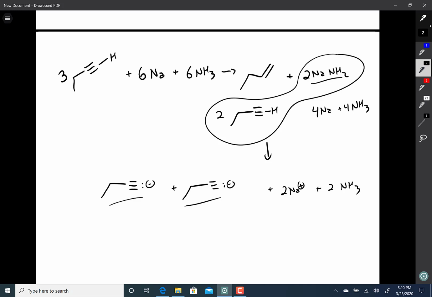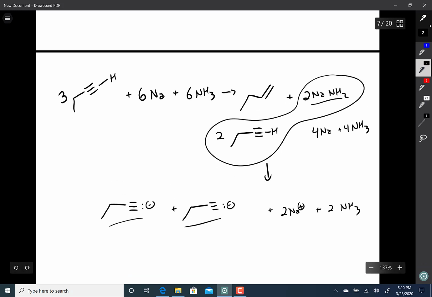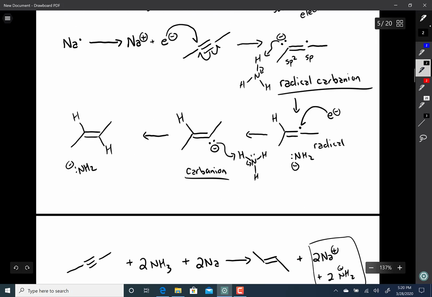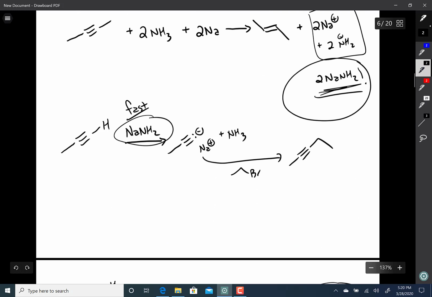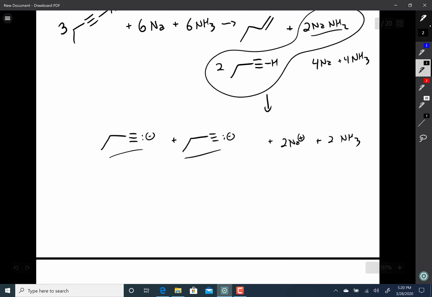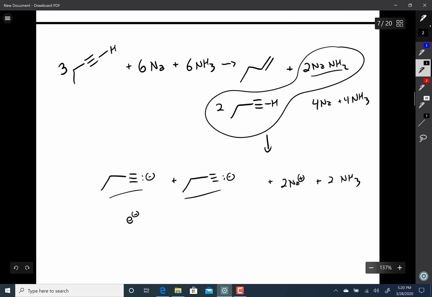The first step in the reduction of the alkynes, or actually the reducing of the alkynes itself, is an electron adding to the alkyne. Electrons are negatively charged. This is negatively charged. This is not likely to add to that. They're just going to repulse each other. As a result, you're stuck with these that aren't capable of being reduced.